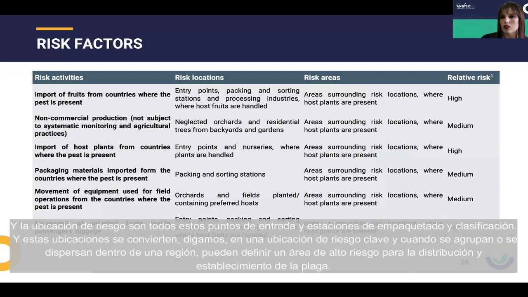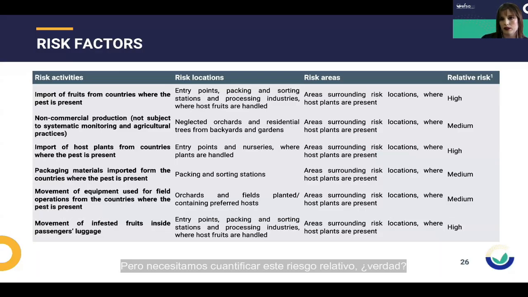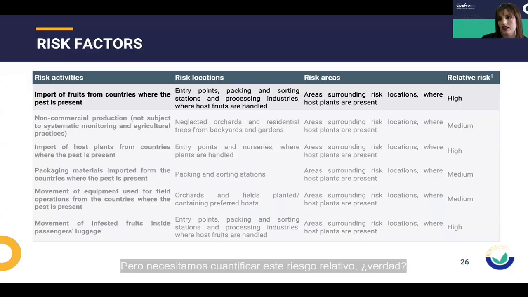And the risk locations are all these entry points and packing and sorting stations. And these become key risk locations. And when clustered or spread within a region, they can define a high risk area for the pest's distribution and establishment. But we need to quantify this relative risk, right?